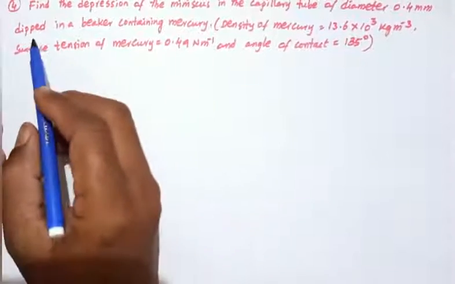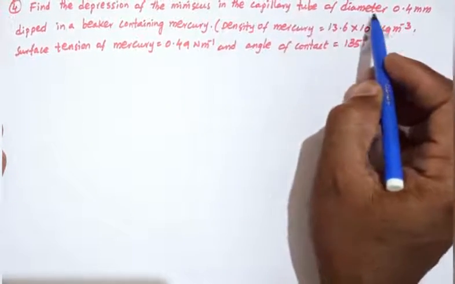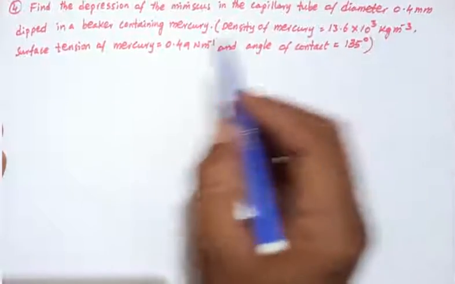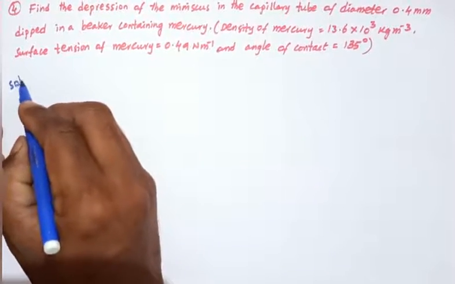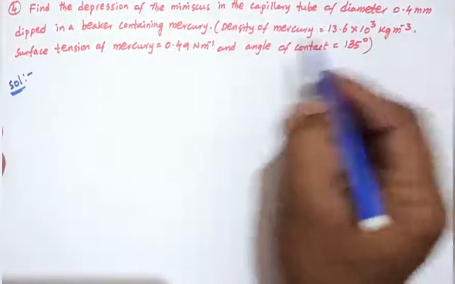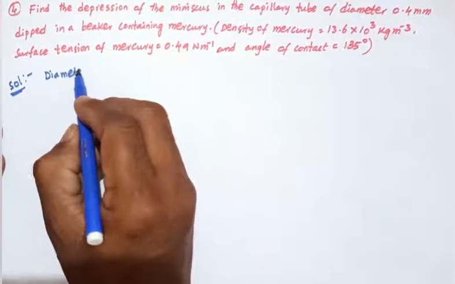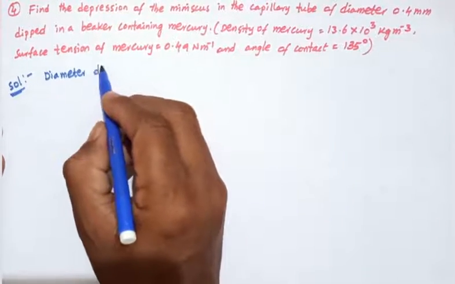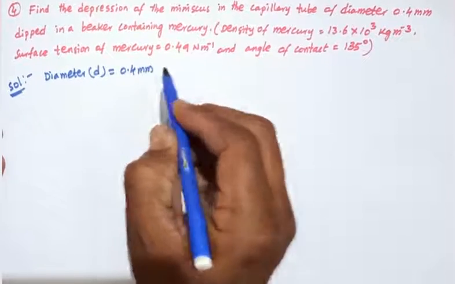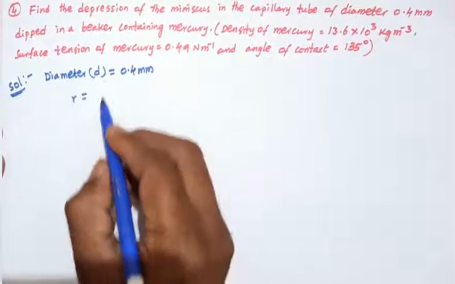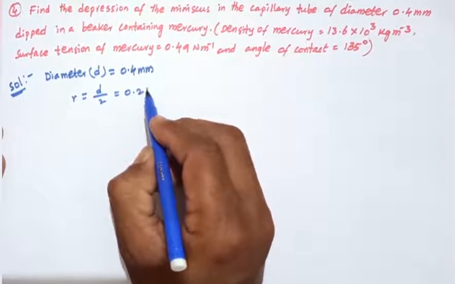Now problem number 4. Find the depression of the meniscus in the capillary tube of diameter 0.4 mm dipped in a beaker containing mercury. Here the diameter of the capillary tube D equals 0.4 millimeter. Then the radius R equals D by 2, which is 0.2 millimeter.